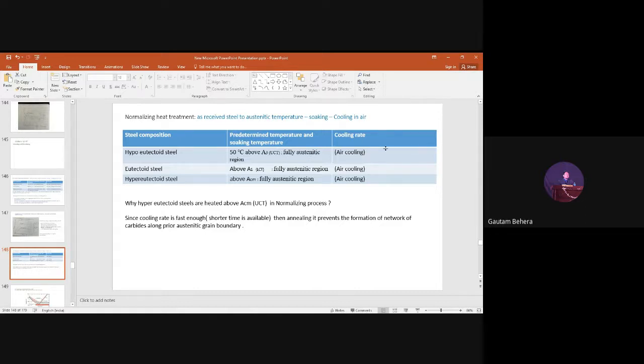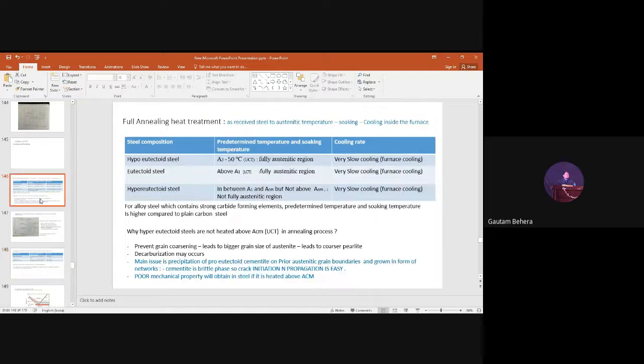Finally, we do air cooling. Same for eutectoid steel, it is above A1, say 50 degrees centigrade above A1, the lower critical temperature, full austenitic region, and air cooling finally. If we have a hypereutectoid steel, and this is very interesting, we go above ACM for full austenitic region, then air cooling.